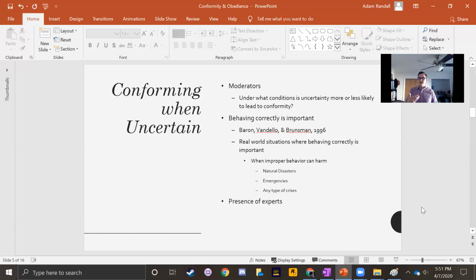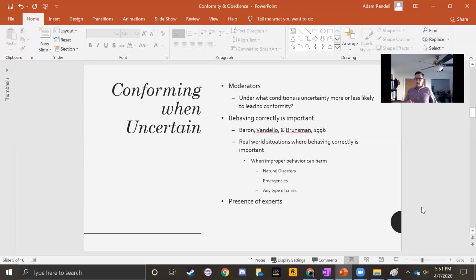So when the right answer, who the perpetrator is, so again, they showed them a lineup and they had to identify the perpetrator, and they had other participants there also guessing, also answering. The real participants conformed more to the wrong answer when it was important to be right than when it wasn't important to be right.